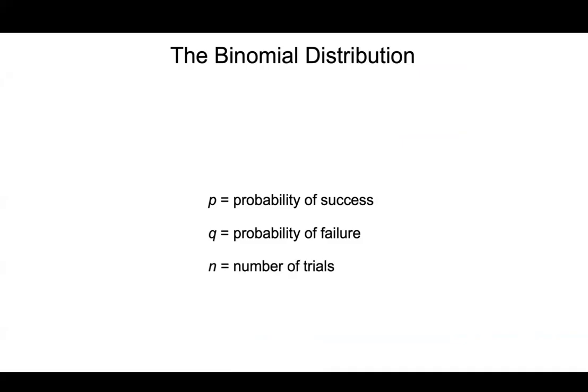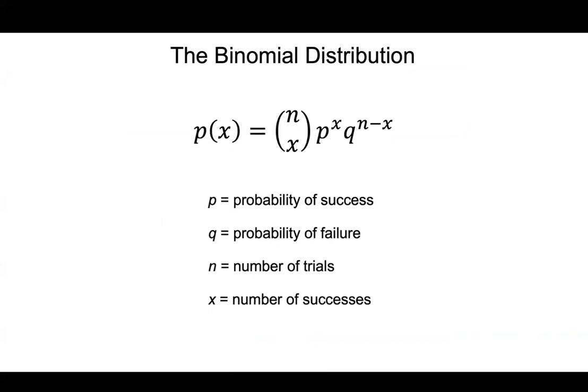So if we let P be the probability of success, Q be the probability of failure, N the number of trials, and X the number of successes, then the binomial distribution is given by this, where N choose X equals N factorial divided by the product of X factorial and N minus X factorial.